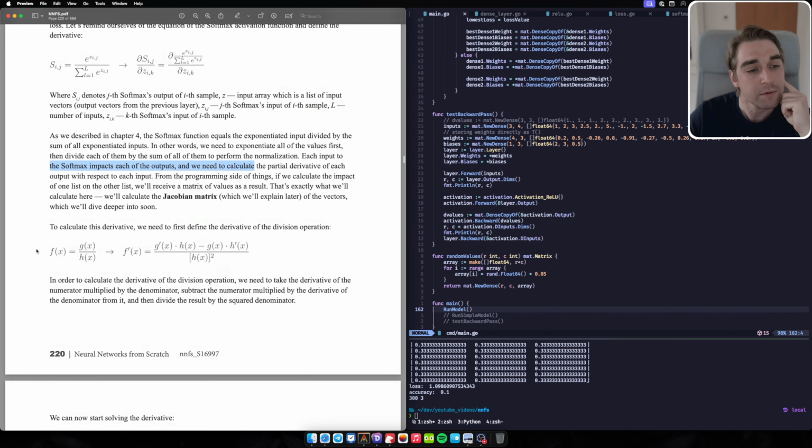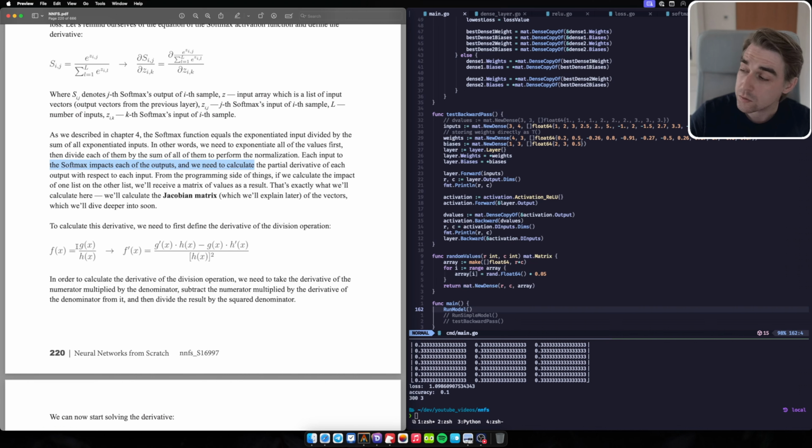So for example, we have a function that is a division between two functions. Then the derivative of this function will be the derivative of the top function multiplied by the bottom function minus the top function multiplied by the derivative of the bottom function, divided by the square of the bottom function.